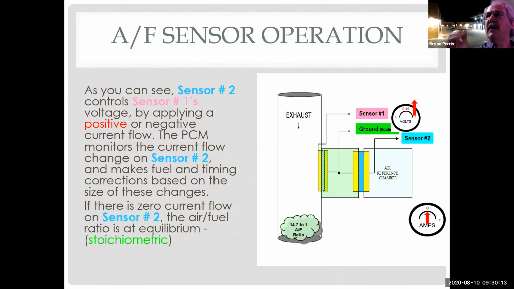And the way of thinking about oxygen sensors, whether it's a zirconium, a titania, or an air fuel ratio sensor, it's my computer's eyes. So it's the only way the computer has to see, did it get it right? Because all my other sensors are before the combustion chamber. My MAP, my mass, my RPM, all these other things that I'm looking at are before the combustion chamber.